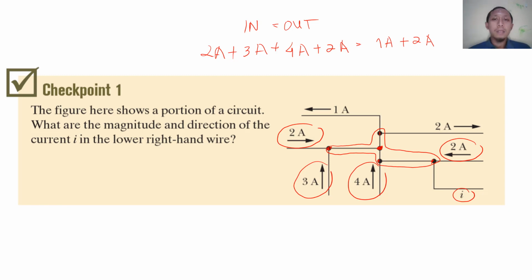From this equation, 5 plus 4 plus 2 is 5 plus 6, which is 11 ampere. The current outside is only 3 ampere. Since in must equal out, I must be here. So I is equal to 8 ampere outward. It's not very difficult to solve this problem, okay?